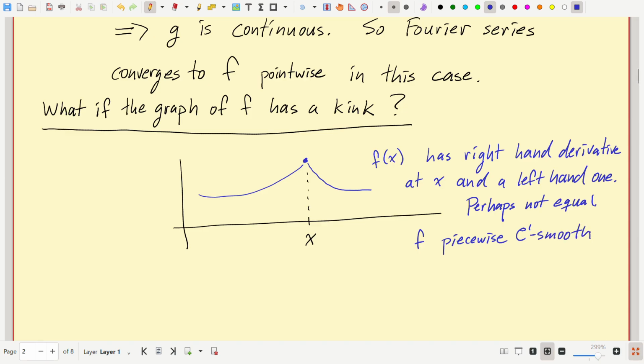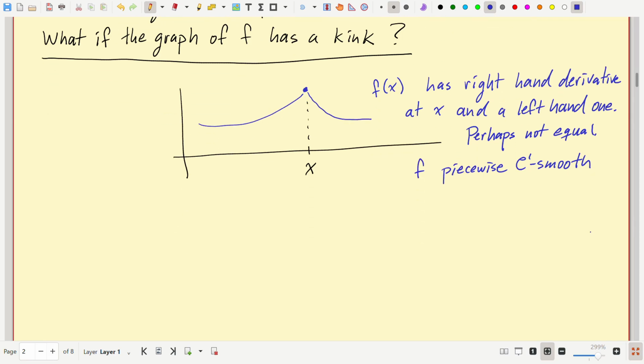Well, then the interesting thing is what we did. We can do L'Hopital's rule from the left. So what happens? How nice is g of t? And remember, g of t was f of x minus t minus f of x over sine t over 2.